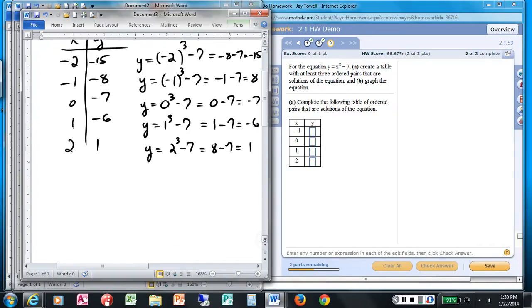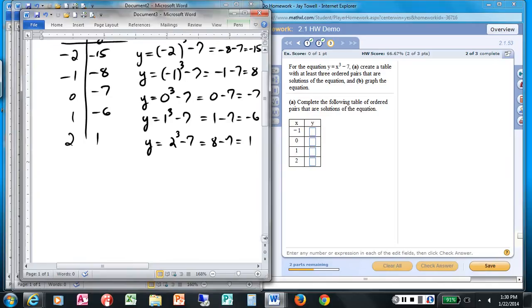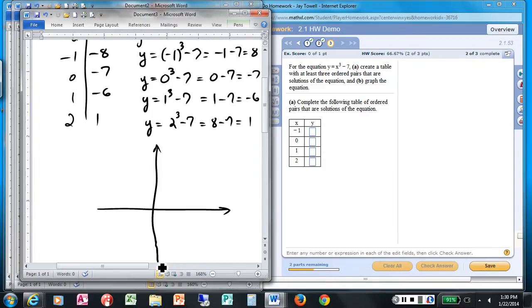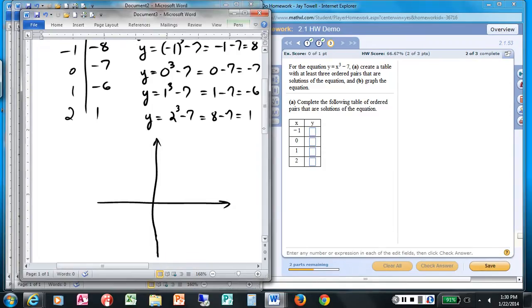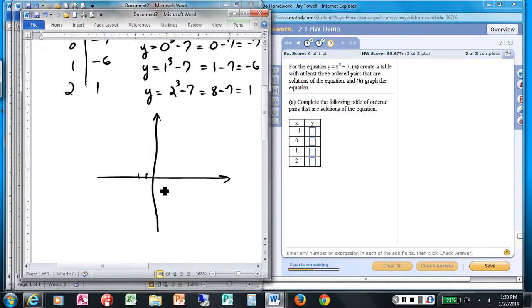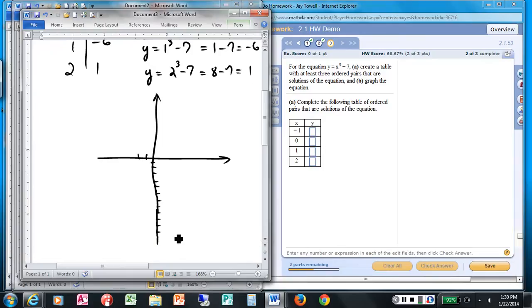And just go ahead and sketch those points here on a little bit of a graph, so we'll know what it is we're shooting for. Let's see, move those off. So I've got a -2, -15. 1, 2, 3, 4, 5, 6, 7, 8, 9, 10, 11, 12, 13, 14, and -15.